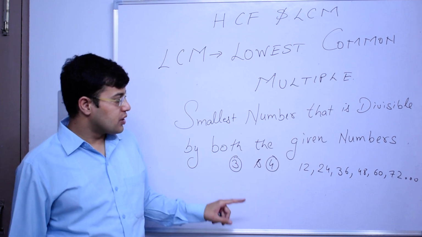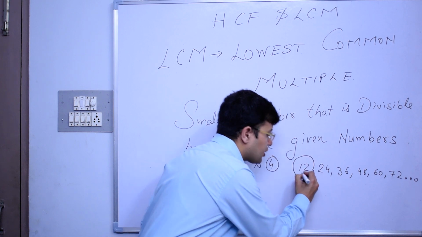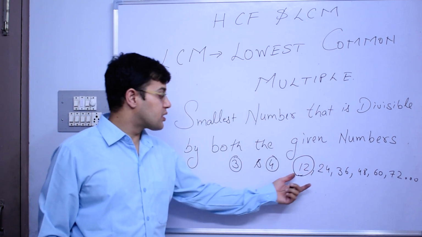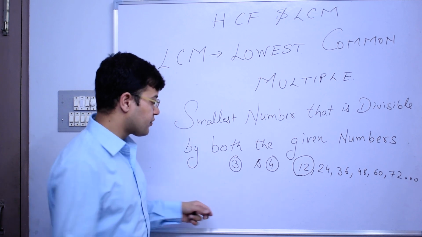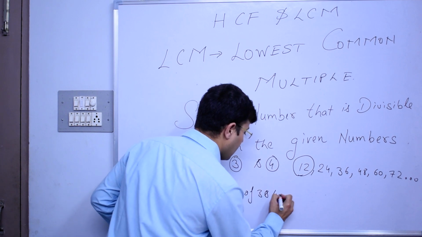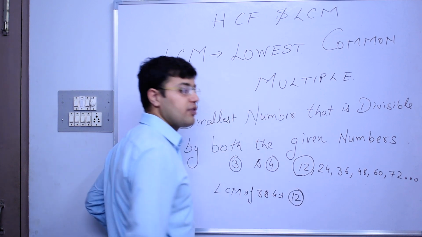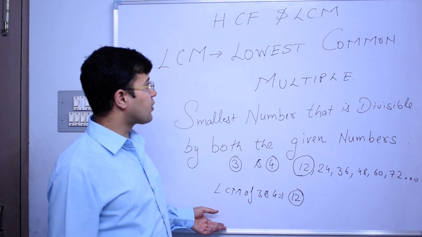Right? But when we are finding the LCM, we would be looking for the smallest number which is divisible by both of them. So hence we can say that the LCM of 3 and 4 is 12. Right? So we'll see how we are going to find out the LCM.